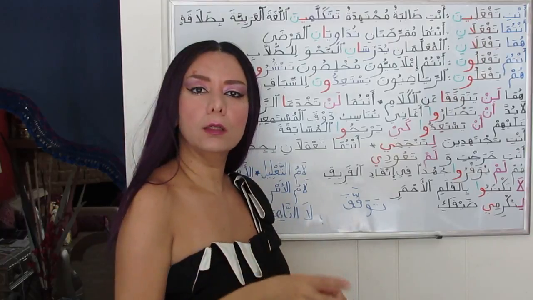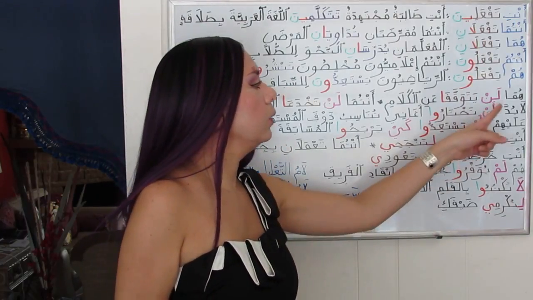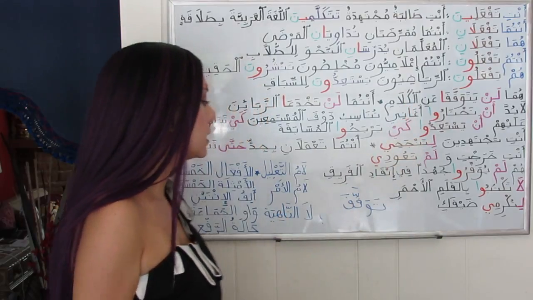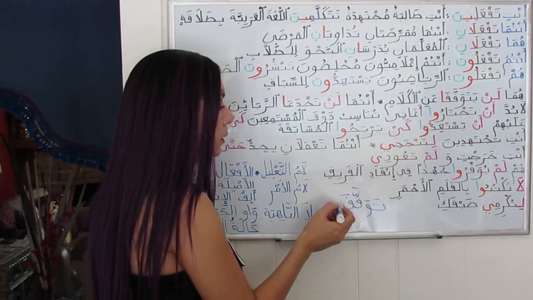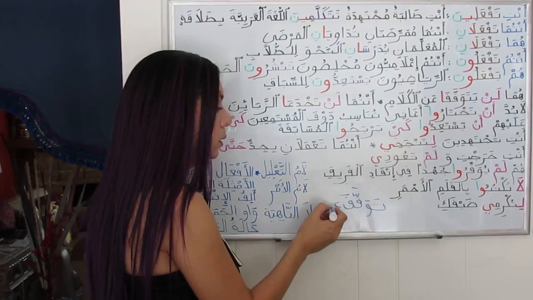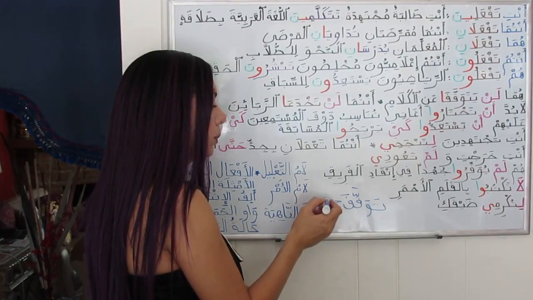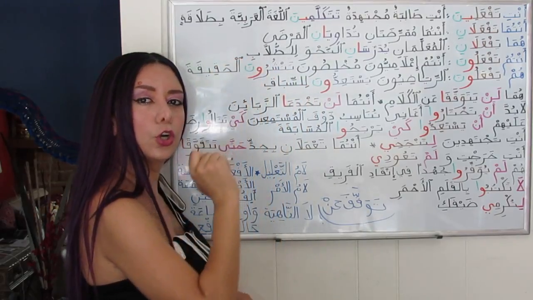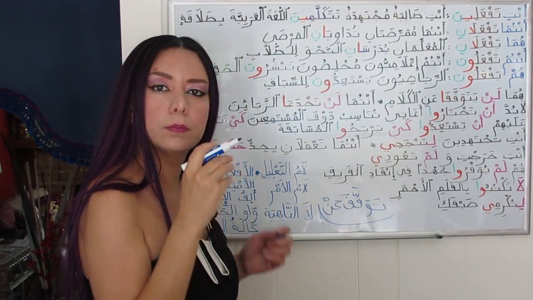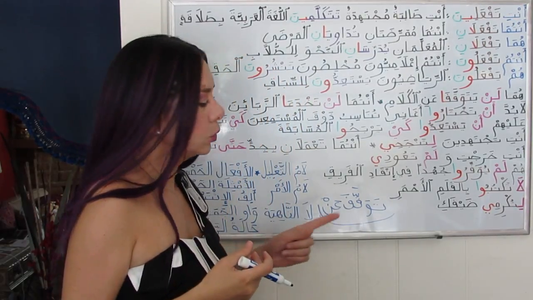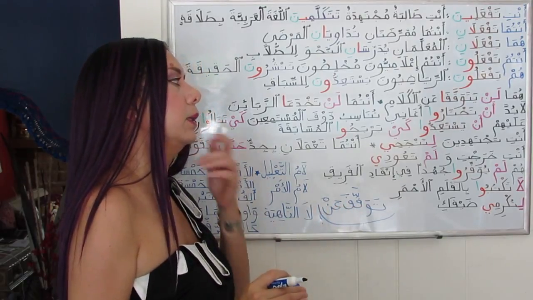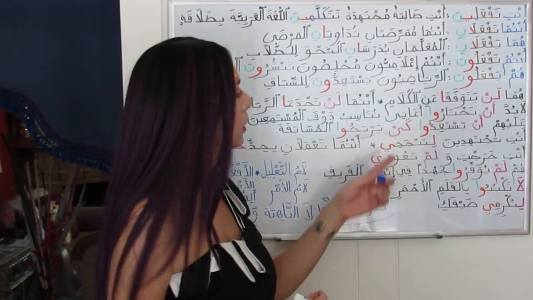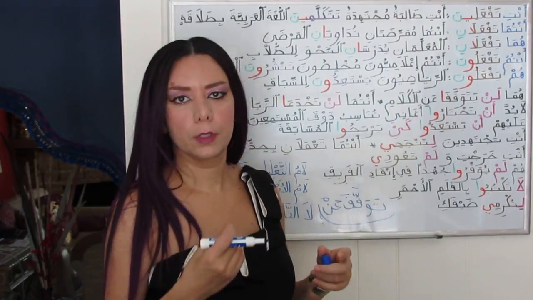They will not, both of them, stop talking. We say توقف عن. توقف is followed by the preposition عن in order to finish the meaning. So توقف عن الكلام. They will not stop talking. الكلام. Alright?